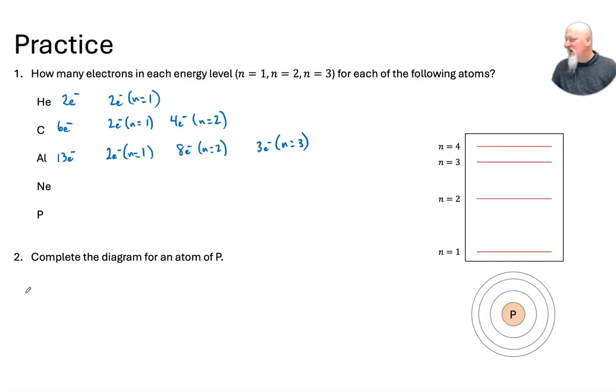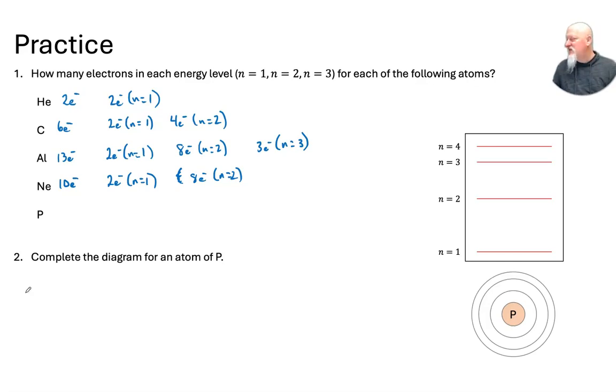Neon has 10 electrons. Neon atoms have 10 electrons. Again, 2 electrons in the n equals 1. 8 electrons in the n equals 2. So 8 and 2, 10 total, and that's all the electrons we need to do.